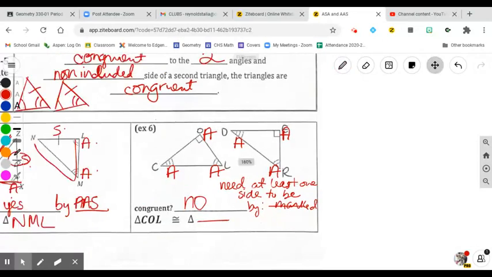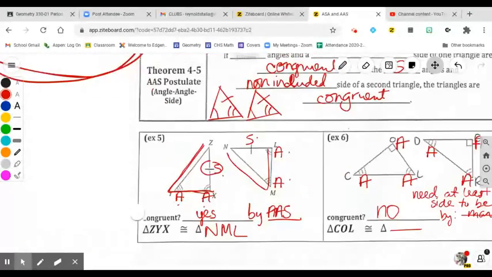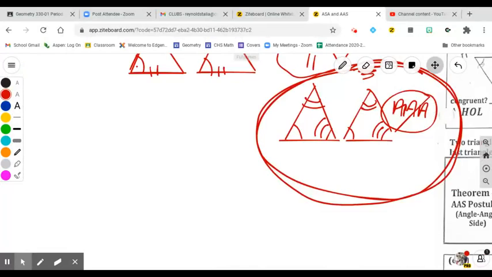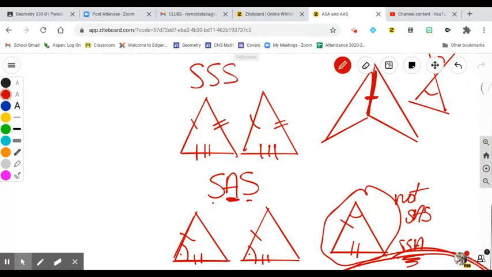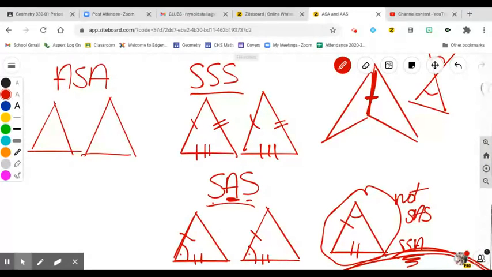So just to recap, the 4 shortcuts that work. Let's come back over here. We have side, side, side, side, angle, side, and then we just added on angle, side, angle, which looks like this. And then we have angle, angle, side.